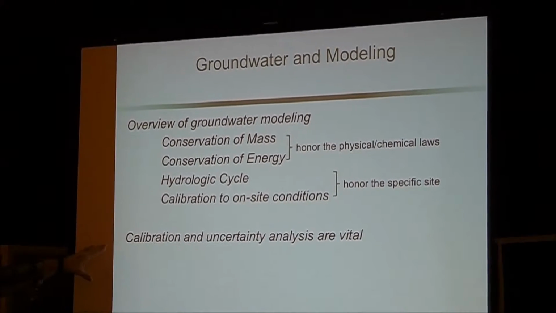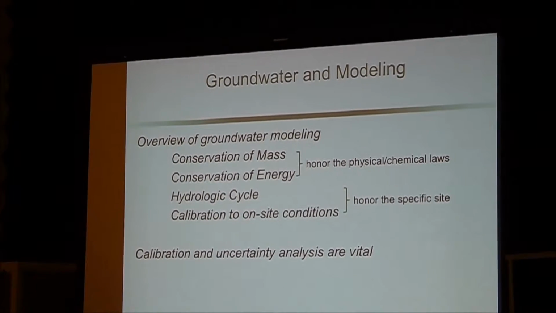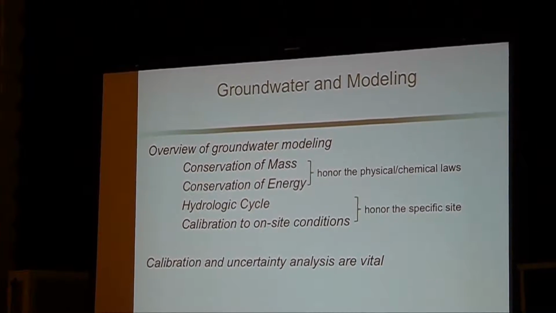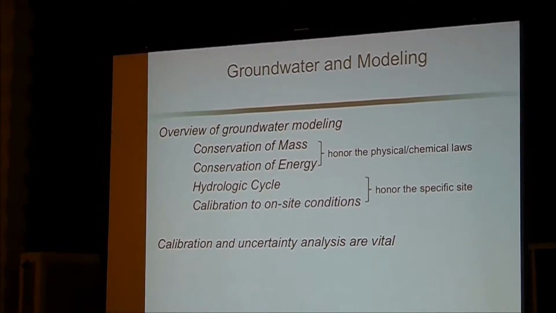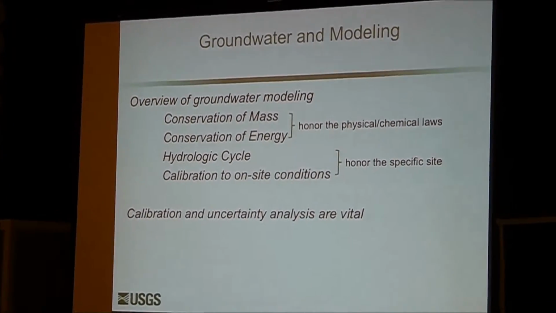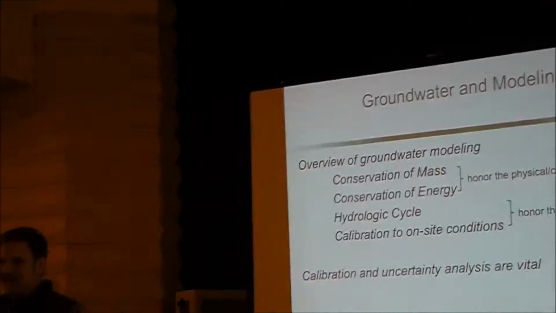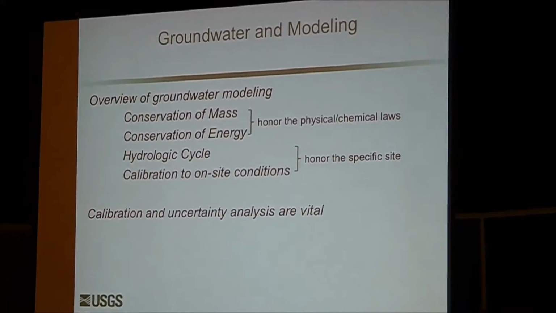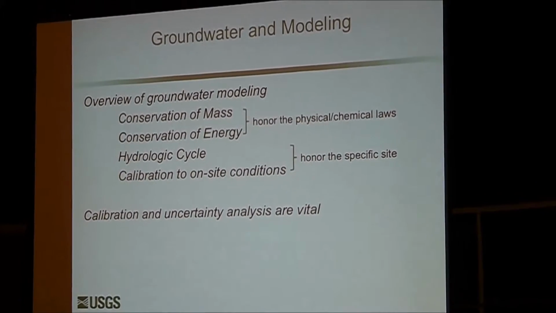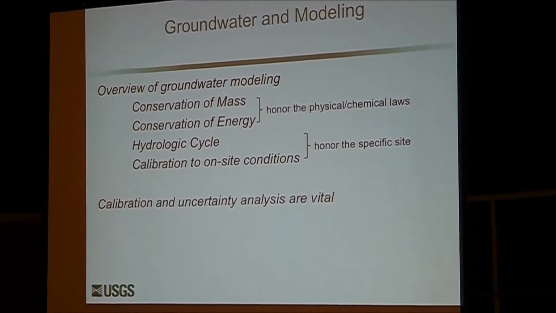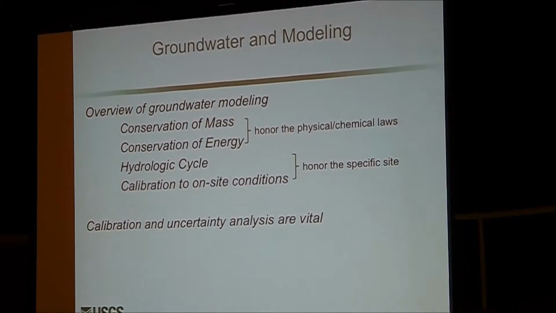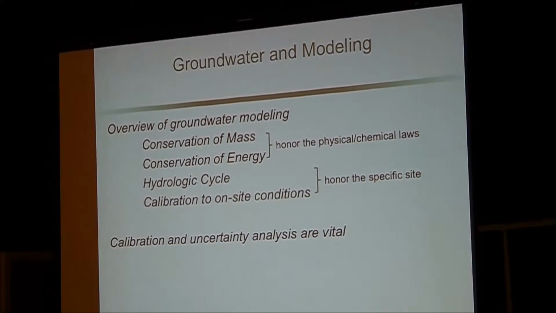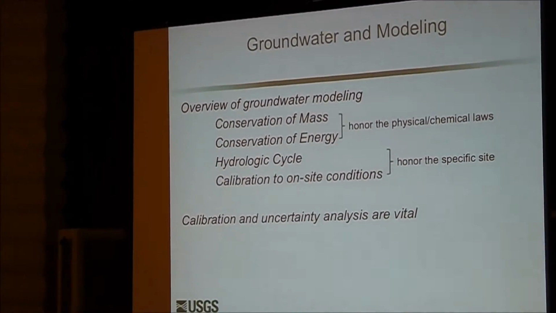So calibration, basically what this means is you need to make a model that not only is correct in the sense that it honors the physics and the chemistry, but that it can predict things that we already know. So that if we run a simulation of current conditions, the results match what's actually going on now. Then we can start to think about making predictions of future changes.